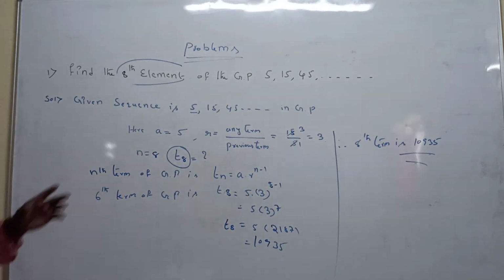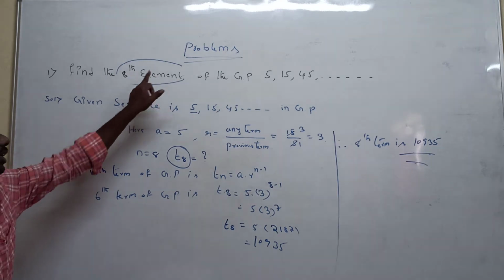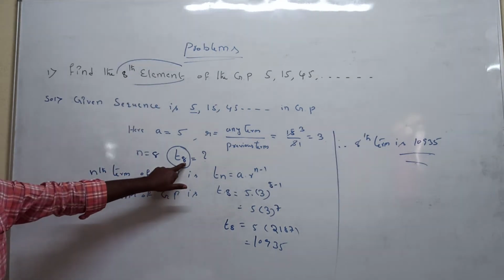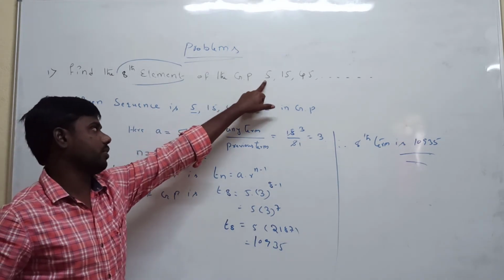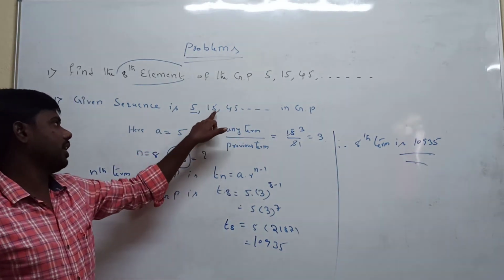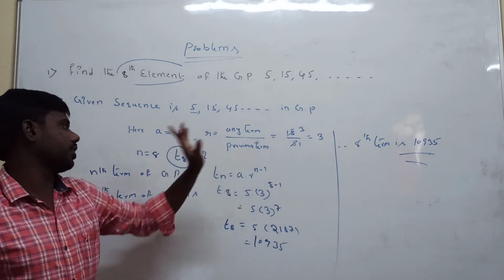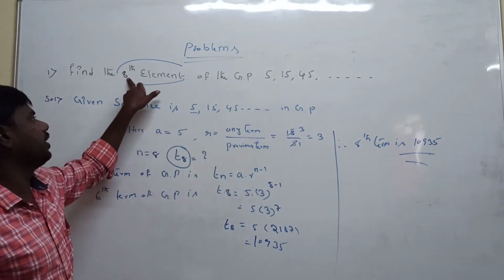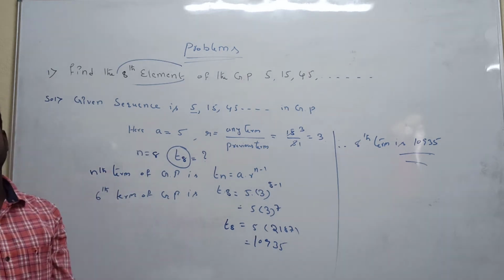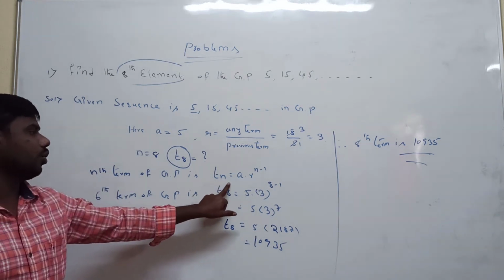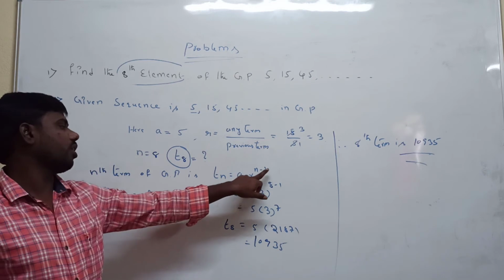What are they asking? Find the eighth element, which means calculating the eighth element. In the given sequence, a is equal to the first term, 5. The common ratio r is equal to any term divided by the previous term, and the ratio is 3. Next, n is equal to 8. To calculate the eighth term, we apply the nth term of the geometric progression, Tn is equal to a into r to the power of n minus 1.